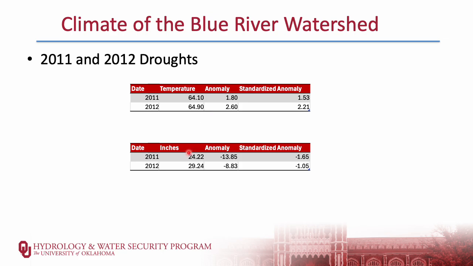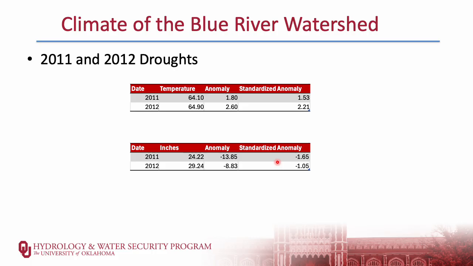And down below, we can see the 2011 accumulated precipitation was 24.22, and 2012 had a bit more rain. It was at 29.24, but still definitely below average. And you can see the standardized anomaly here on the right.